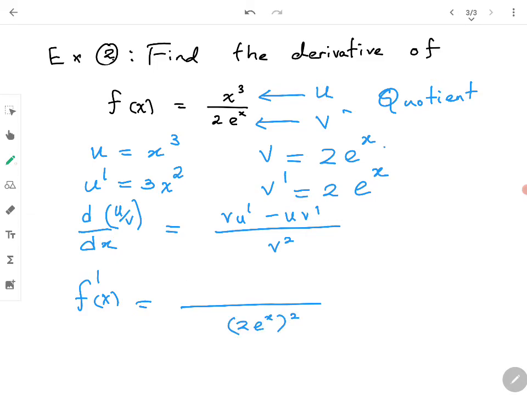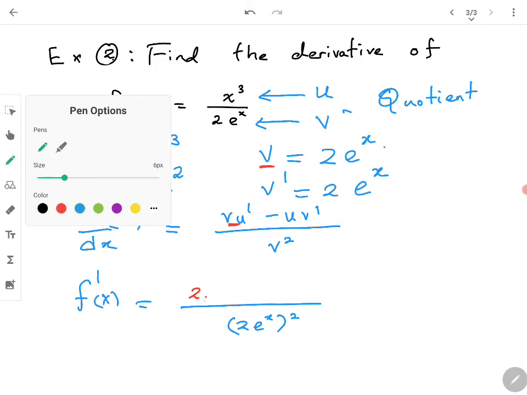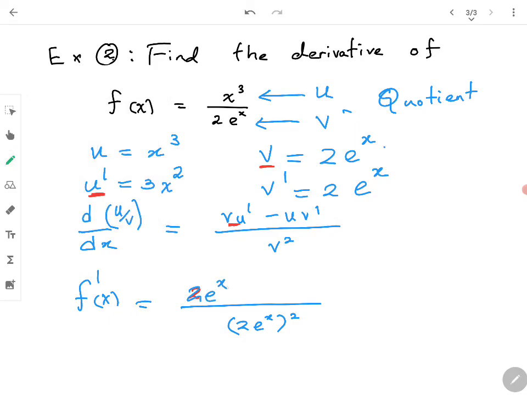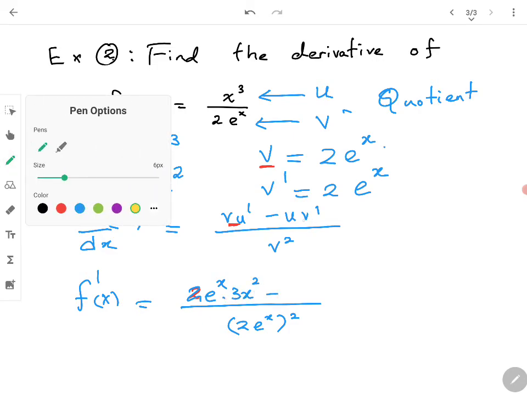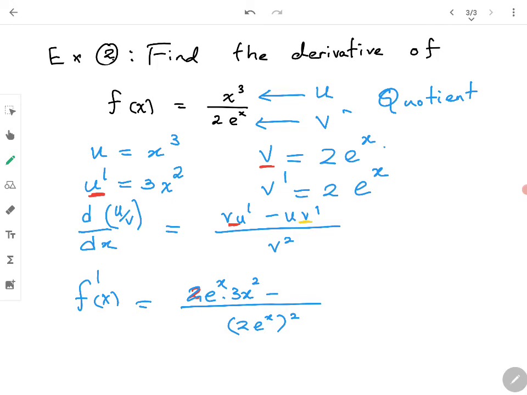Then the first term in the numerator is made up of multiplying v and u prime. What's v? v is 2 times e to the x, and u prime is 3x squared. Then the second term of the numerator is made up of u and v prime, so you multiply those two.